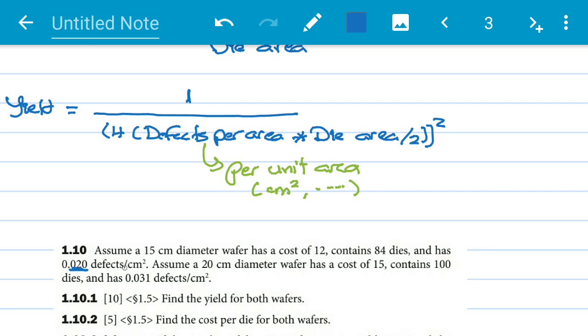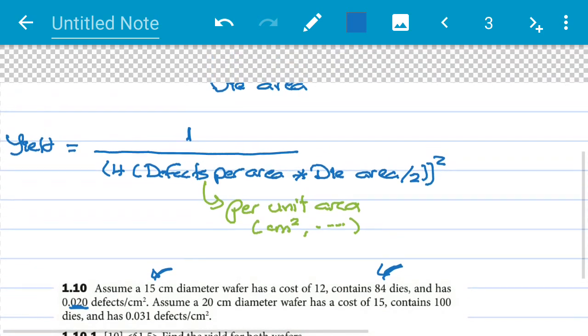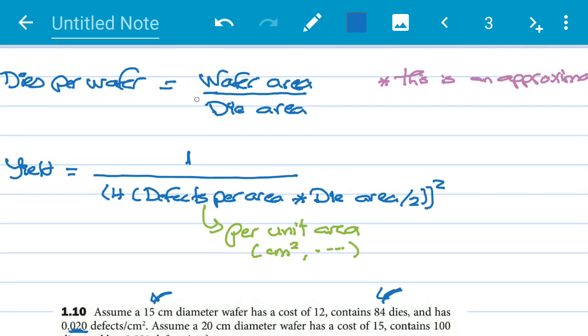Unfortunately not. But we have that the wafer is 15 centimeter and has 84 dies. So if we have the wafer area and the dies per wafer, we can predict the die area.